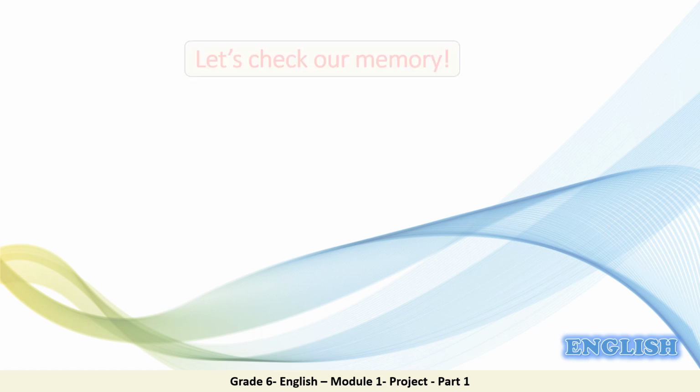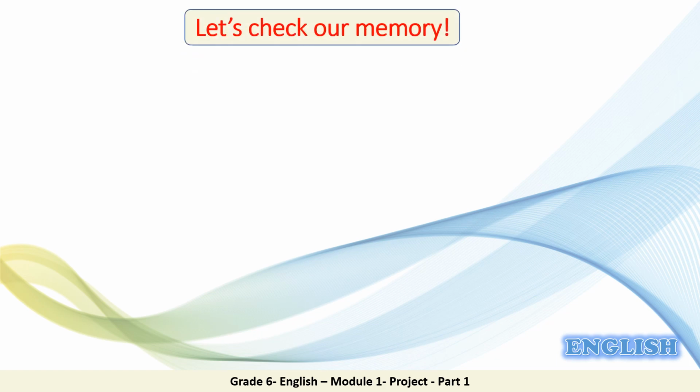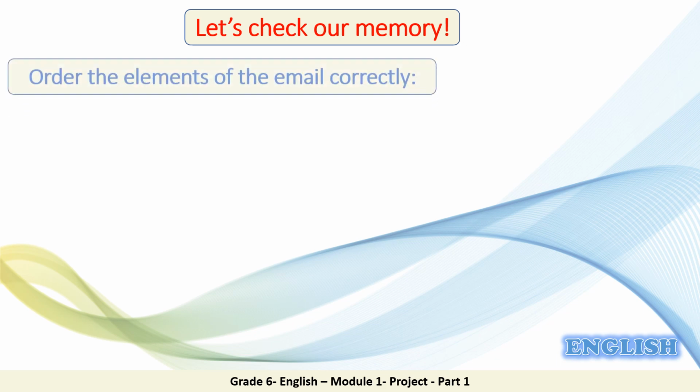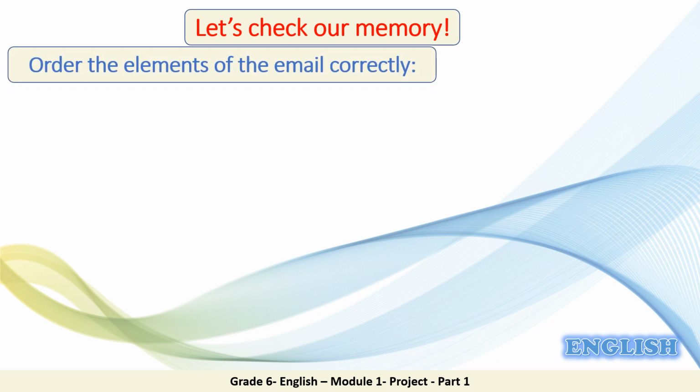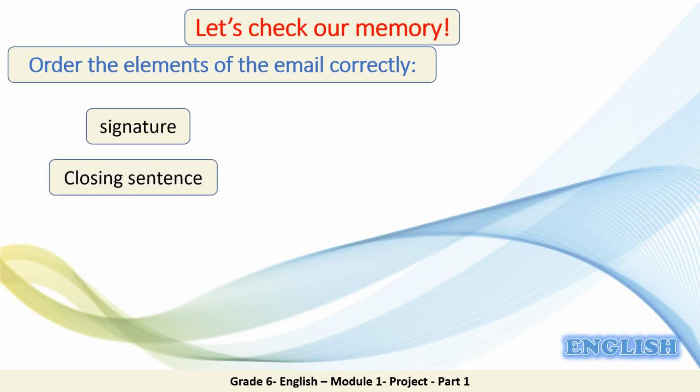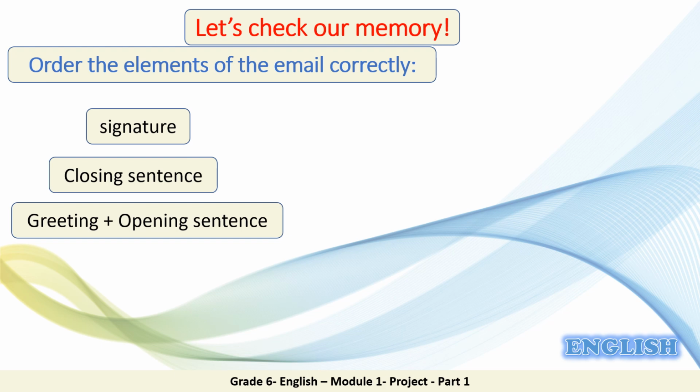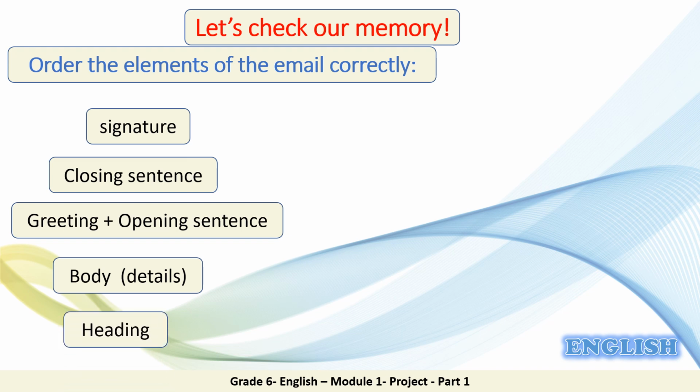All right, let's check our memory. Order the elements of the email correctly. Now, we have signature, closing sentence, greeting plus opening sentence, body or details, and heading.